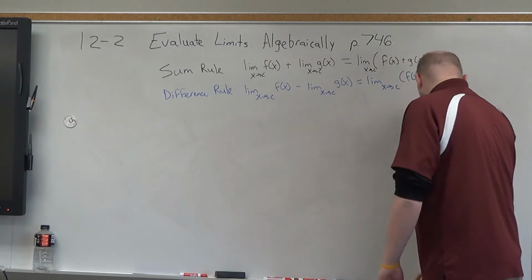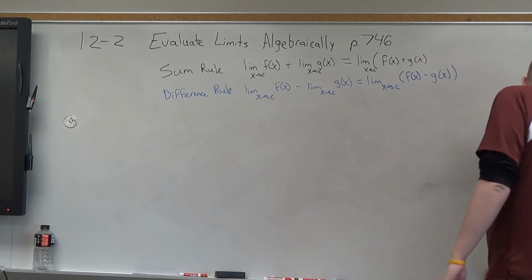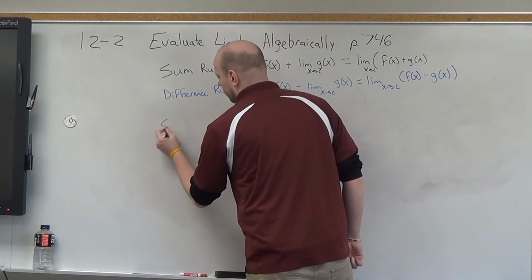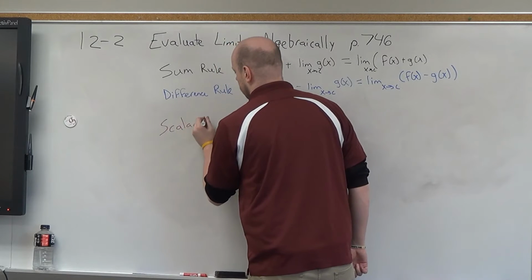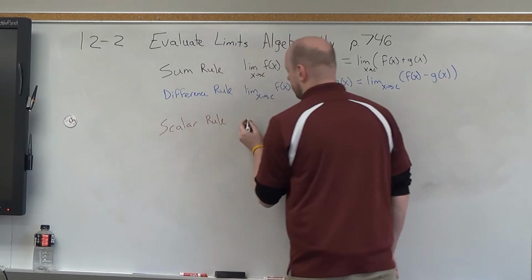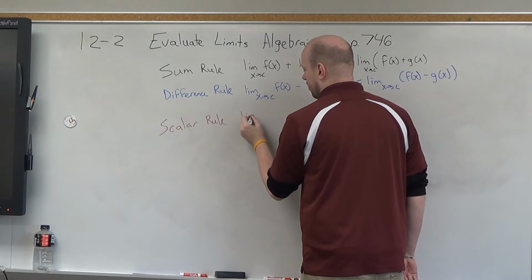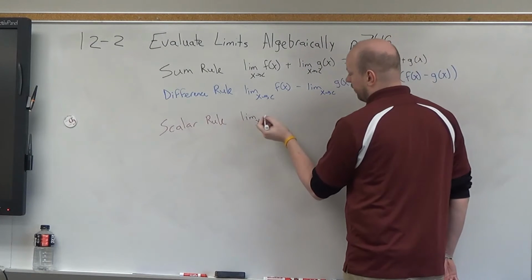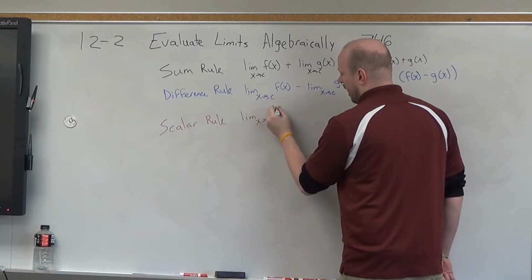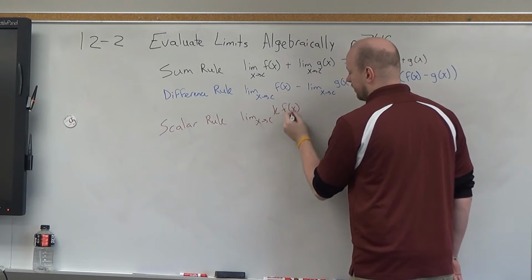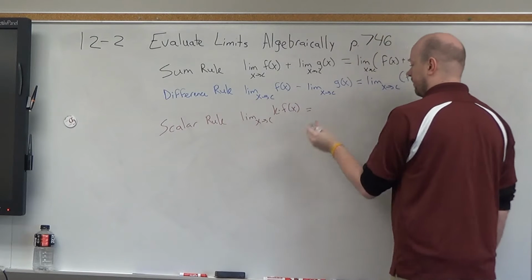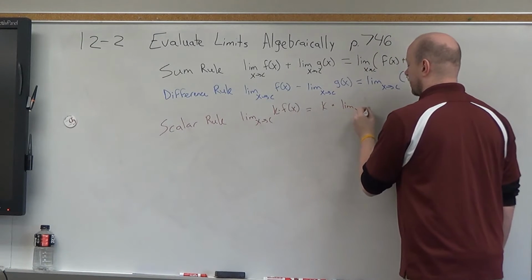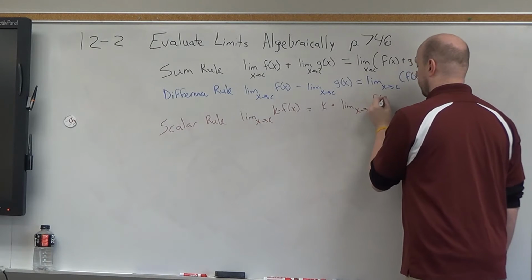Let's see. We also have the scalar rule. So the limit as x approaches c of k f of x equals k times the limit as x approaches c of f of x.